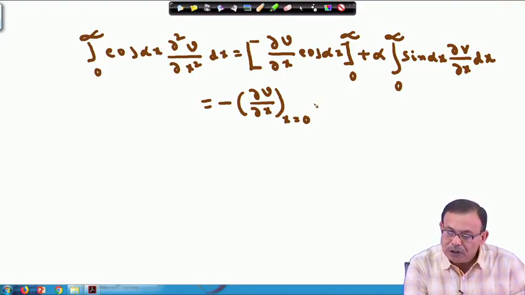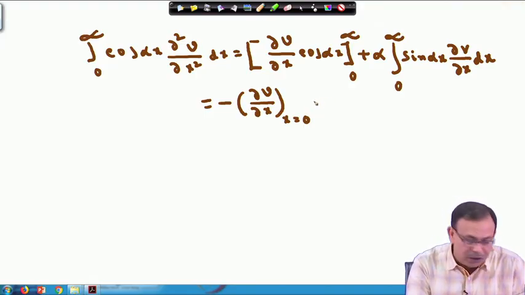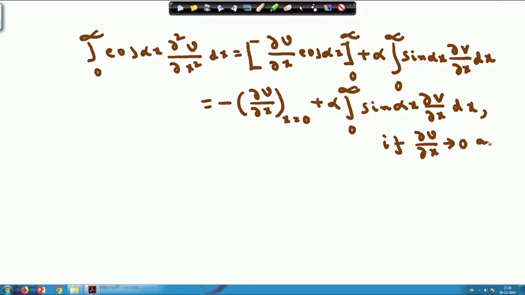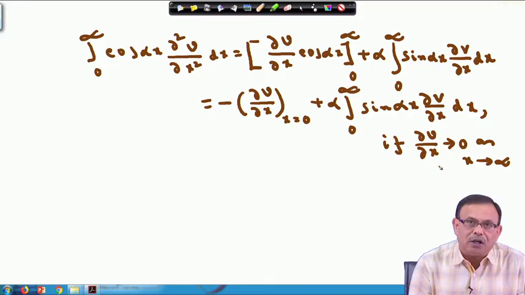So that term will be 0 for x equals infinity, plus alpha into 0 to infinity sine of alpha x into del v del x dx. This has to be known to us, otherwise I cannot use the Fourier cosine transform.